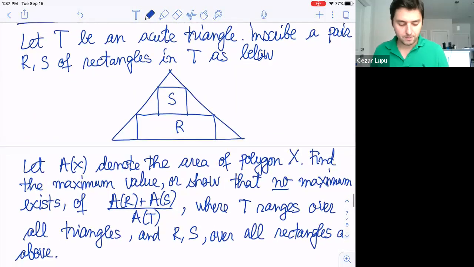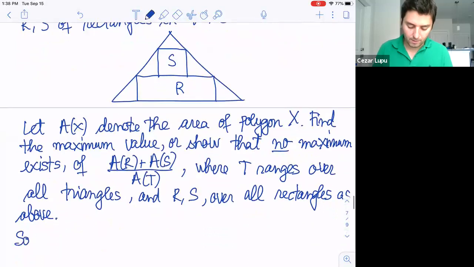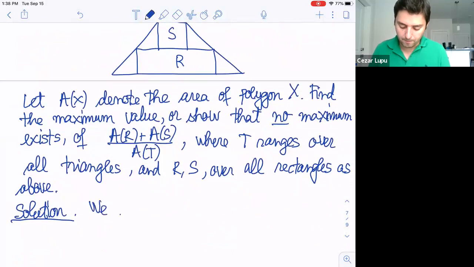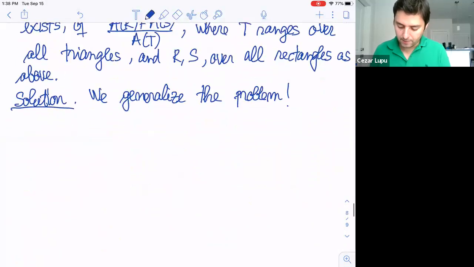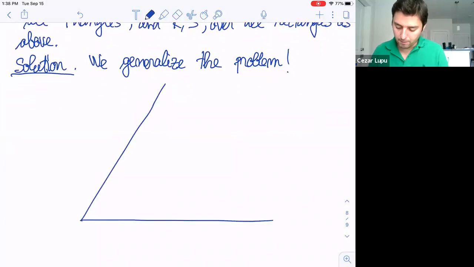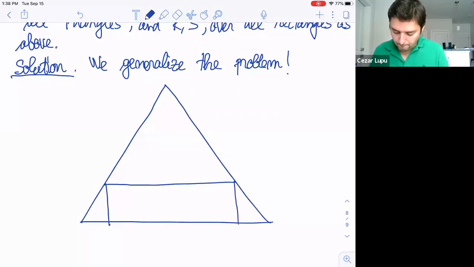In fact, we can generalize this. And you will see how everything will apply. So we will generalize the problem. And I'm going to draw the following picture. Let me draw the following triangle, right? And what I'm going to do is the following. I'm going to put some rectangles here, right?